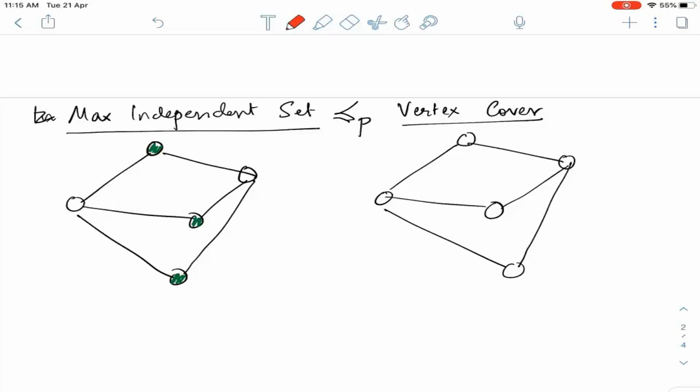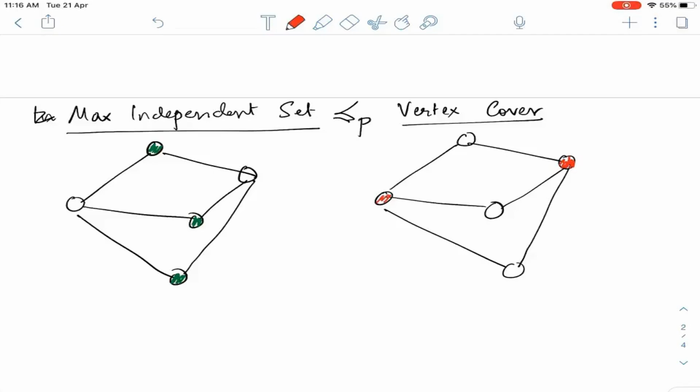Again, it's best explained by an example. If I pick these two vertices, then that's a valid vertex cover of my graph. Why? Because any edge is incident on either the red vertex on the left or the red vertex on the right. So that's a valid vertex cover of the graph.